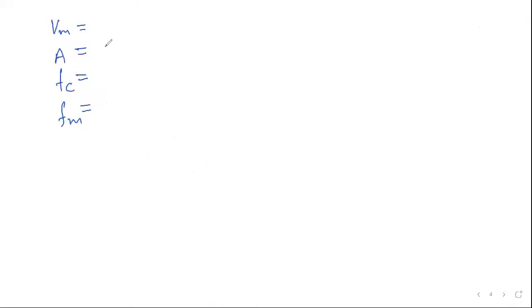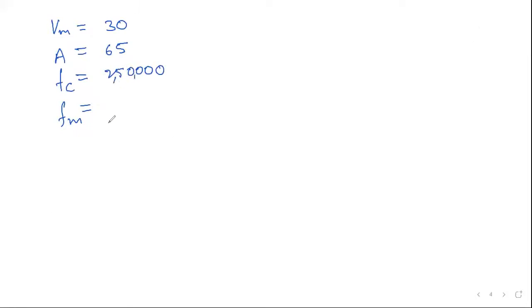Okay, so what is Vm? Vm is 30. What is the value of A? It is 65. What is the value of fc? 25,000. Sir, 2,50,000.